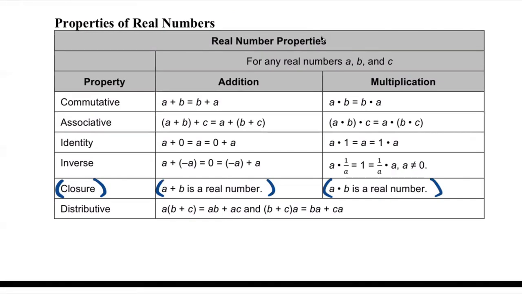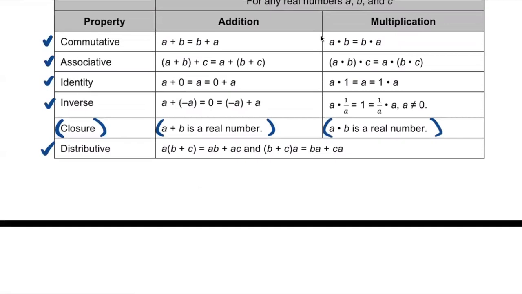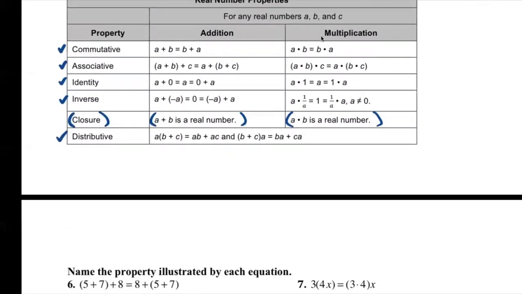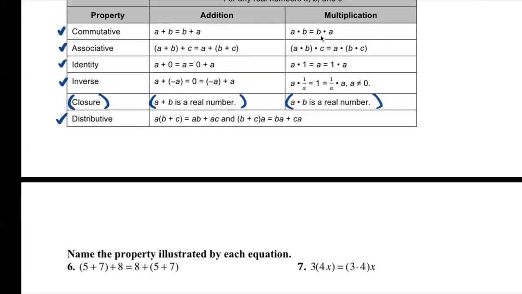Focusing on these other guys: commutative property, associative, identity, inverse, and distributive. Be able to recognize when it's being used. Okay, so here we go. Number 6.